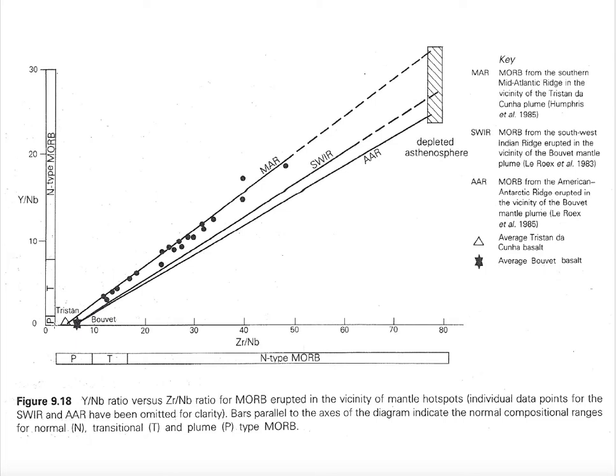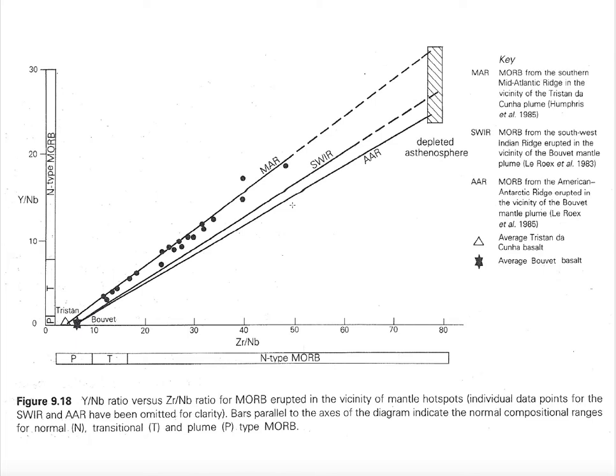that means the enriched plume MORB. And here we have the variation from the southern Mid-Atlantic Ridge, that is MAR. Then we have those from the sphere, that is MORB from the Southwest Indian Ridge.